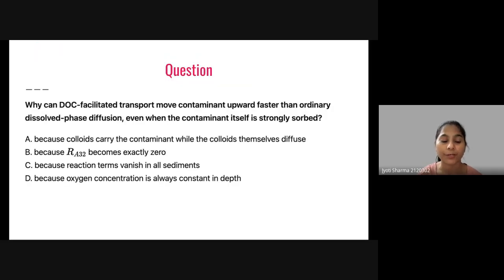Okay, very important question now. Why can DOC facilitated transport move contaminant upward faster than ordinary dissolved phase diffusion, even when the contaminant itself is strongly sorbed? So you have sediment, and sediment has organic carbon. That is giving you the facilitated transport that will move contaminant upward faster than the ordinary dissolved phase diffusion.